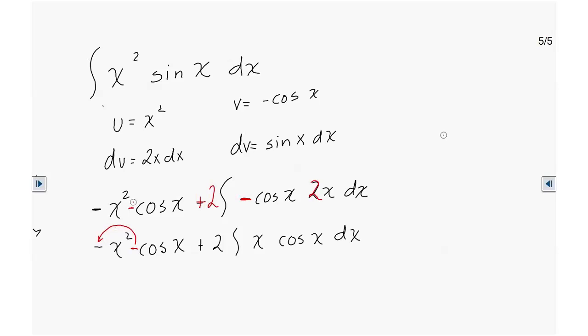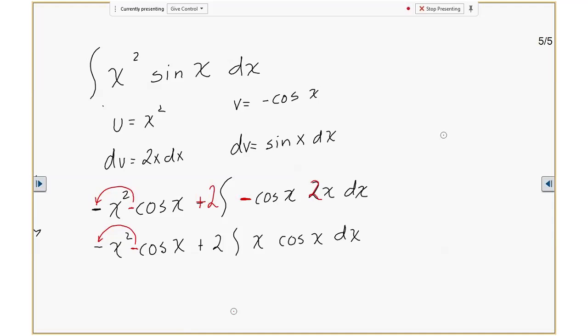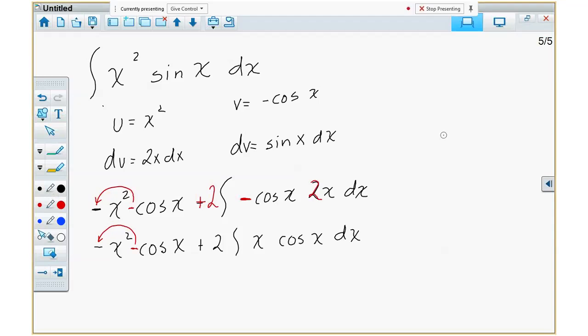Okay, now what do we got here? Integration by parts, Hubert. Yes. We got a nested problem. We got integration by parts inside integration by parts.